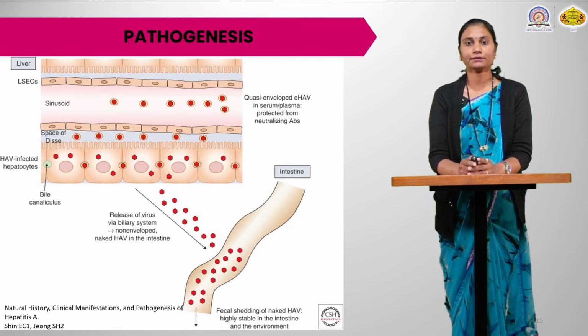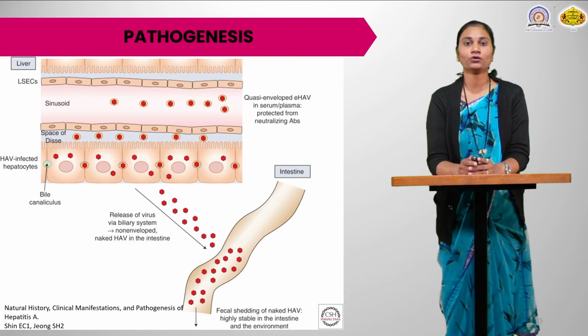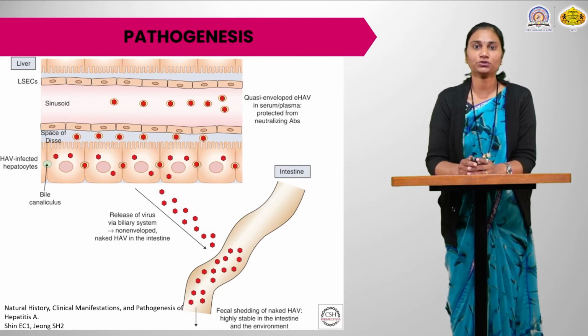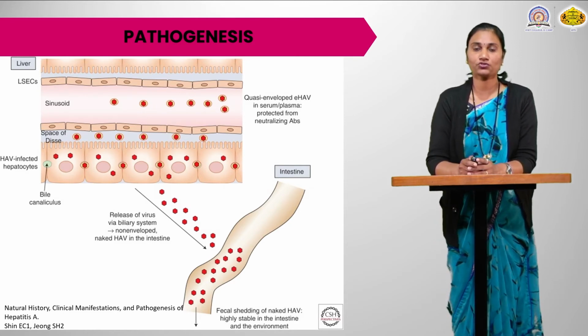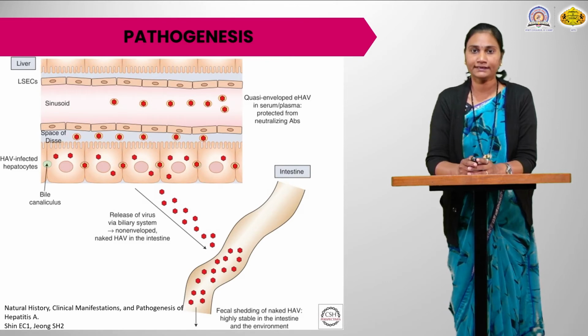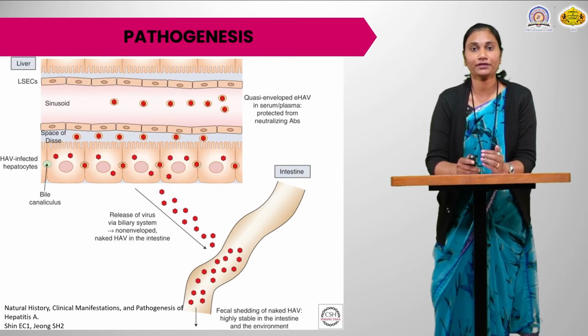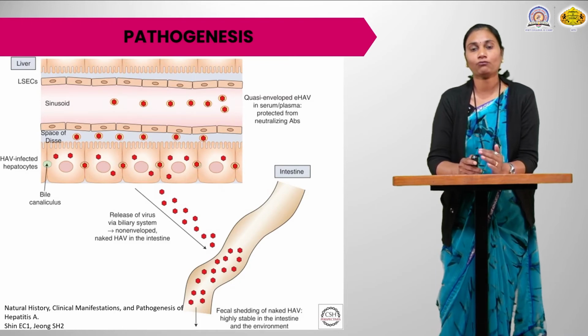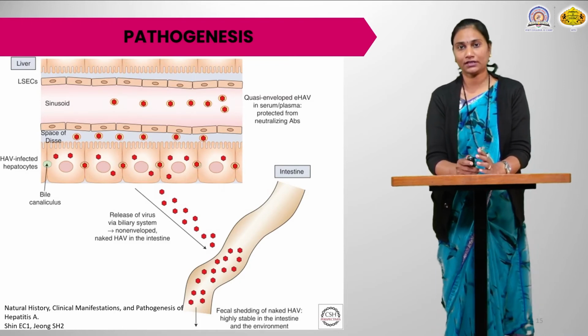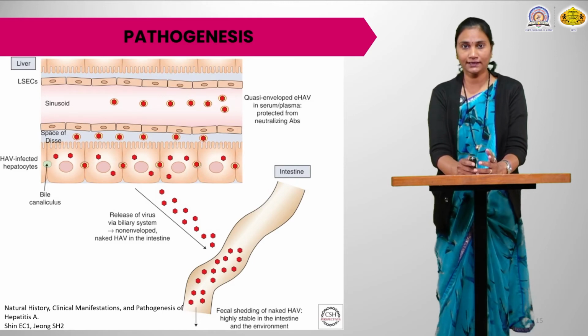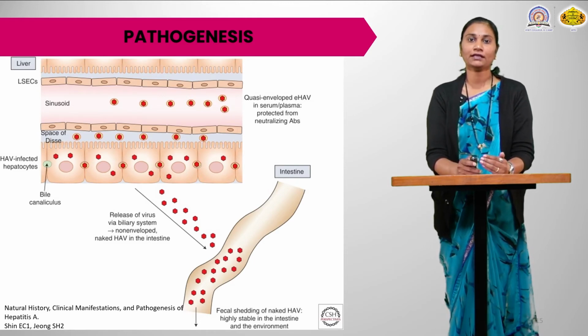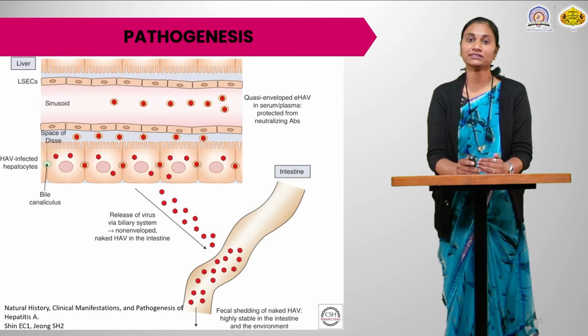Now, when this organism enters inside the liver cell, it grows there, which leads to liver damage or necrosis of liver cells. When the organism is growing in the liver, whatever bile secretion is there, along with the bile secretion the virus again enters the gastrointestinal system.